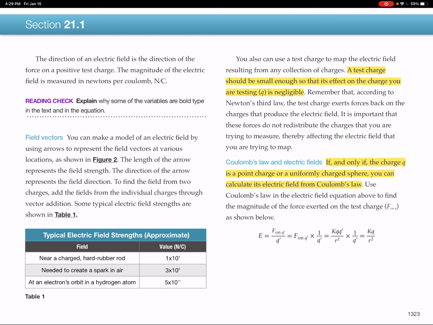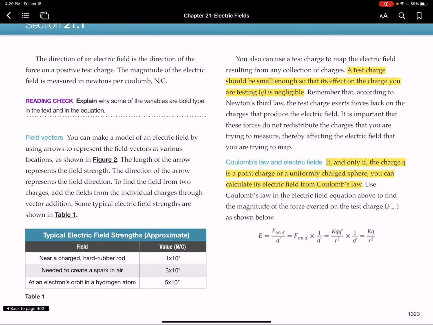You can use Coulomb's law to calculate the strength of an electric field only in one circumstance. Now be very careful. I've seen problems on tests where people go equation fishing. They see an equation and say, oh, this is the equation I'm going to use. Now this equation down below here, we say that it's always true that the electric field is equal to the force divided by the charge.